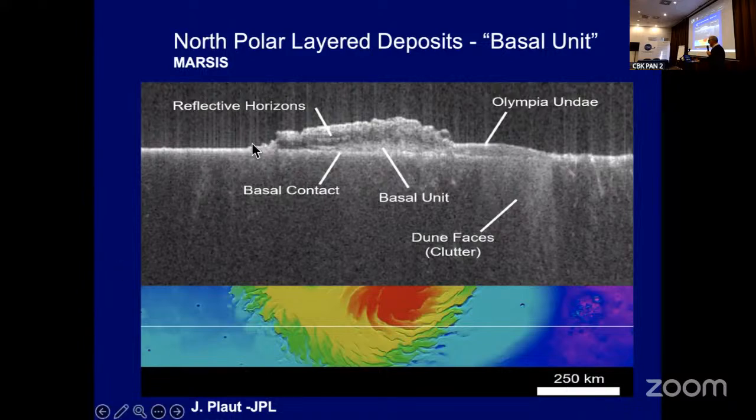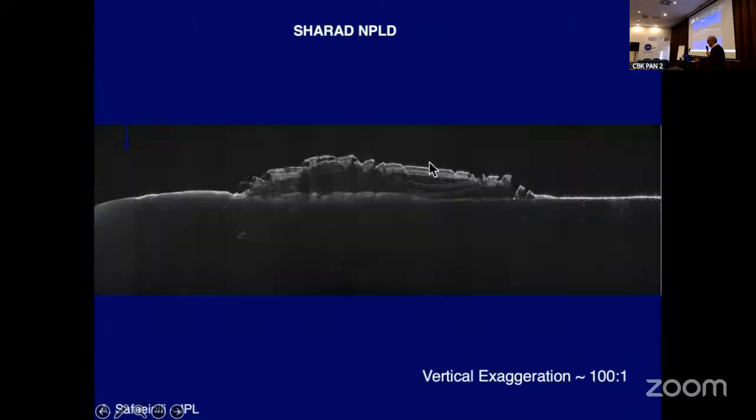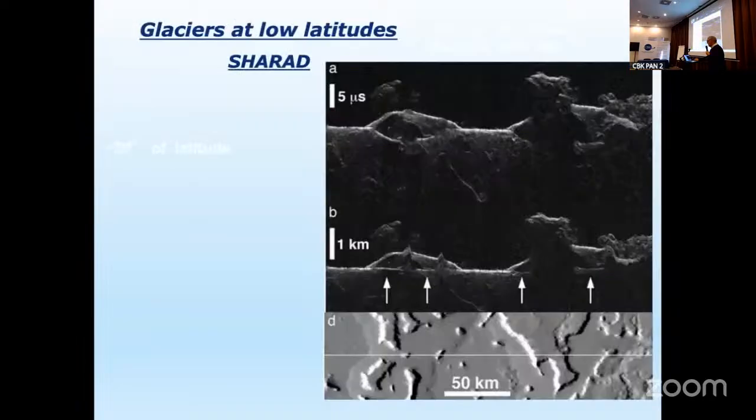And this is the echo coming to the radar. There are different units, and here is the same region, in inverted time, obtained by Sharad. You see that Sharad resolution is much finer, and then you can see very, very good layering. Then here it's a different region, which is important.